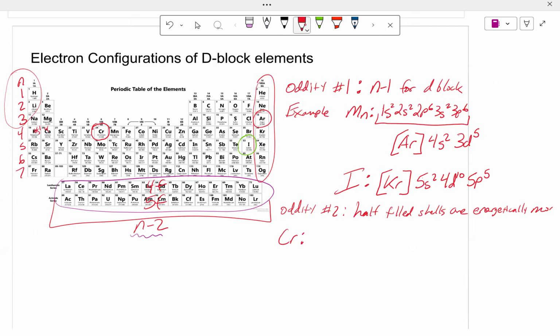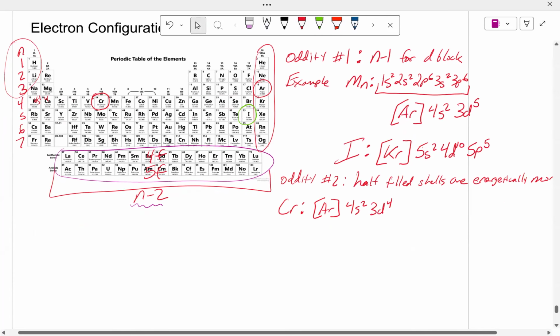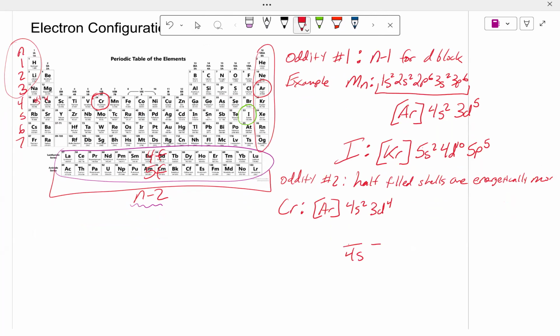Now, if I draw the assumed electron configuration of chromium, I'll start off with argon, the noble gas right before it, 4s2, and then 3d4. Let's draw out the orbital configuration for that. Starting here on s, so 4s, and then I have 5 3d orbitals.